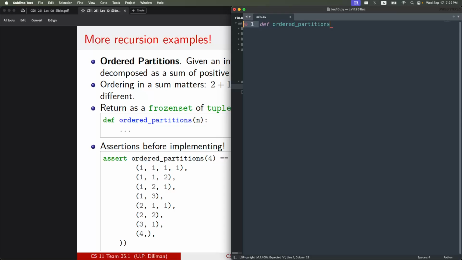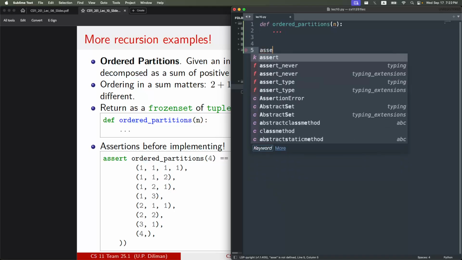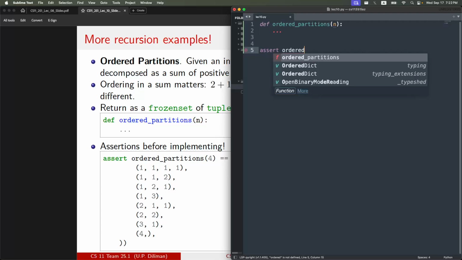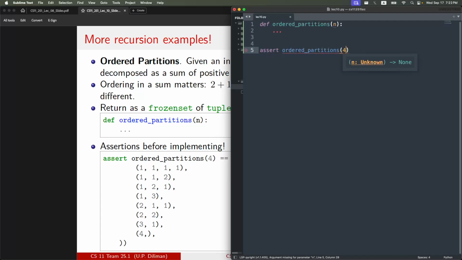ordered_partitions(n). Assert ordered_partitions of 4 is equal to the following: 1, 1, 1, 1. Okay. We need a frozen set.